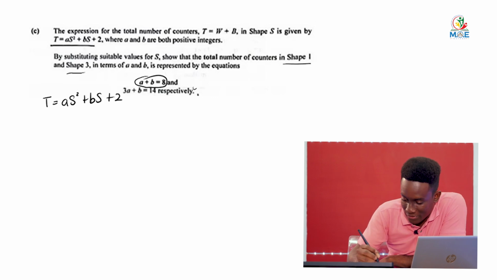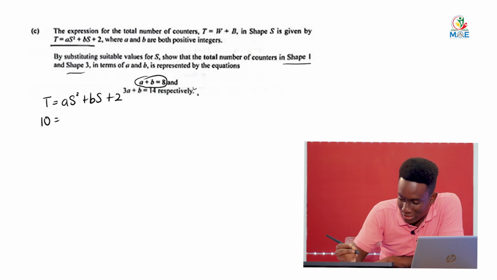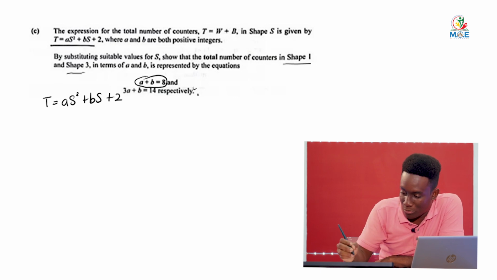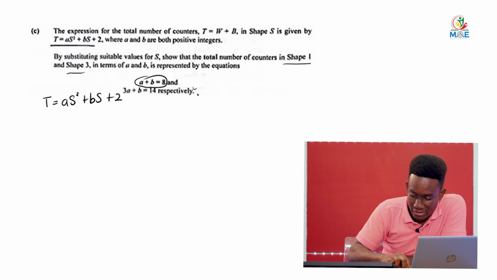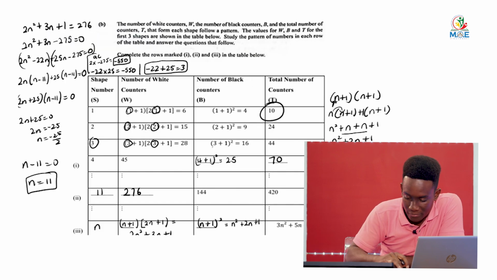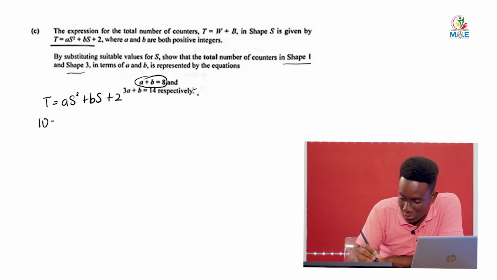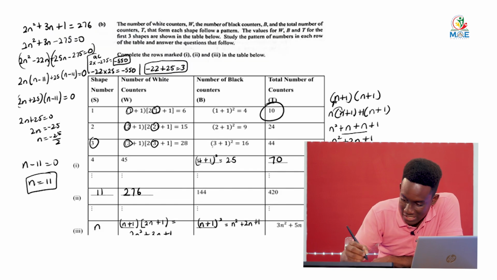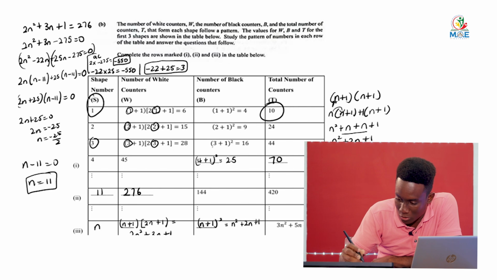So this will be 10 is equal to a. To show that this here would be equal to this here that they want us to show, we know t will be the total number of contours, which we found to be 10. So this will be 10 is equal to a multiplied by s, and s for shape 1 is equal to 1.